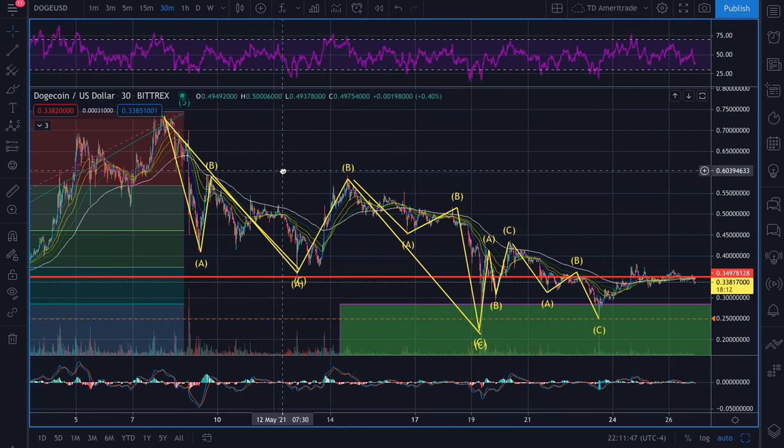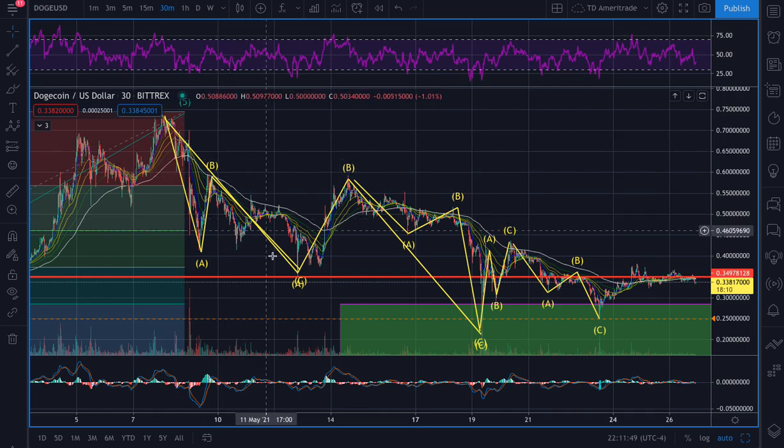But Elliott waves and technical analysis, you can do it for anything. It doesn't just apply to the stock market or crypto. It's for measuring Mother Nature.